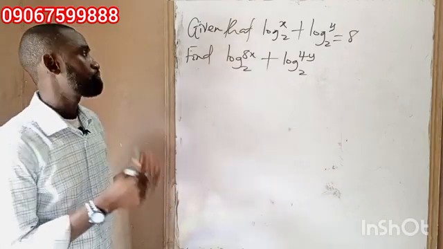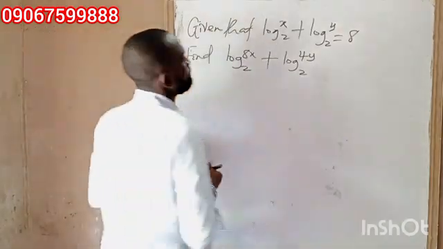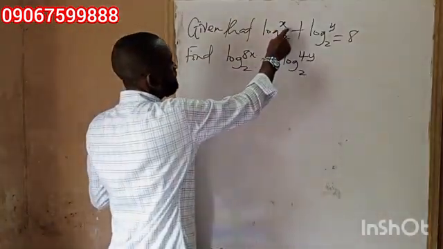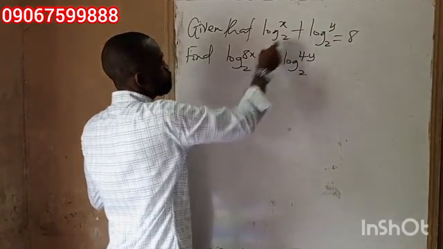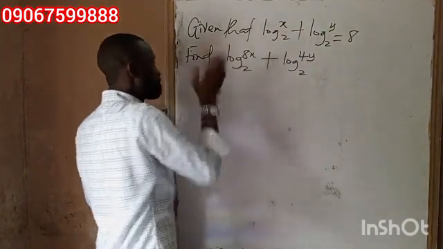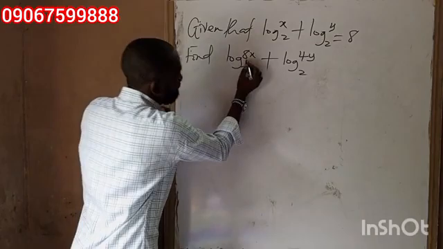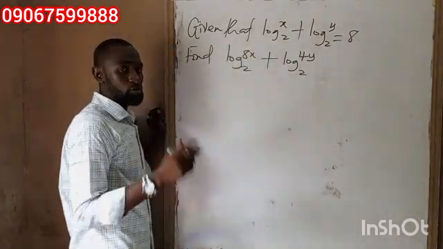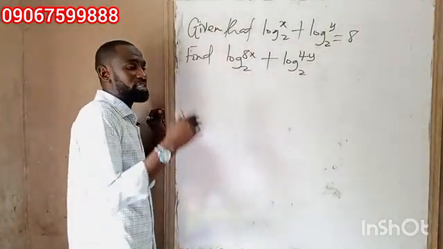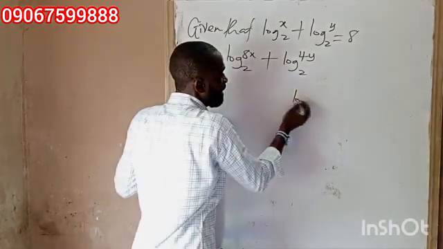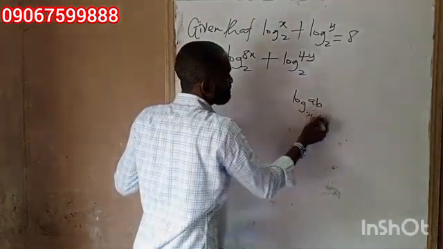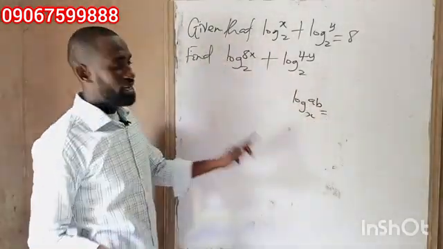I've seen something here now. Okay, don't go and say log 8x base 2 directly. If I apply the law, I'm going to break it down. I told you about what we call building up or breaking down. If I have log of ab base x, I have to break it down.